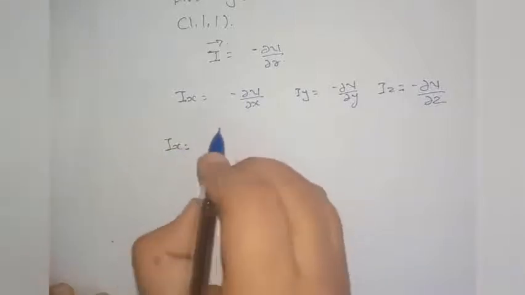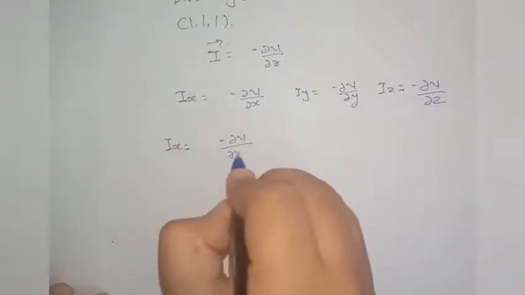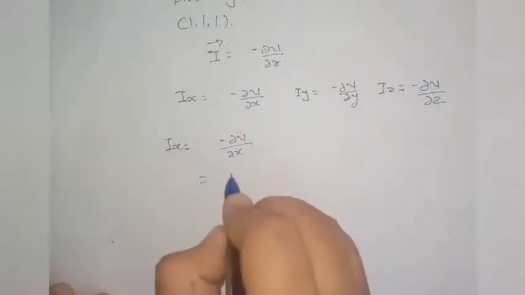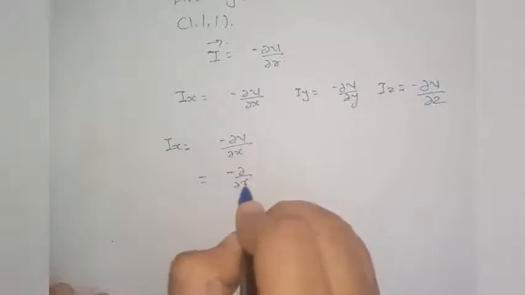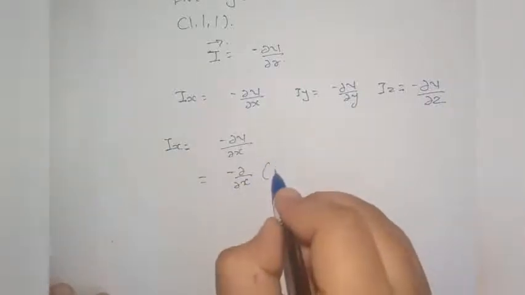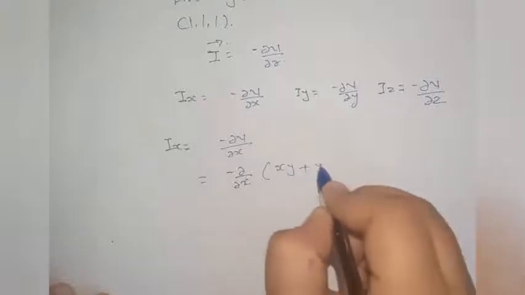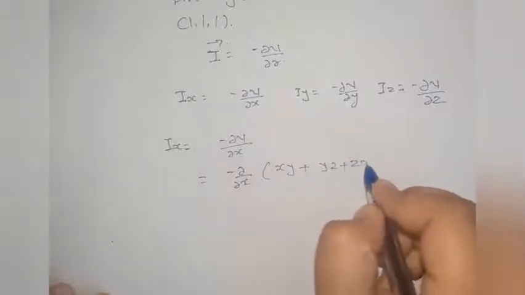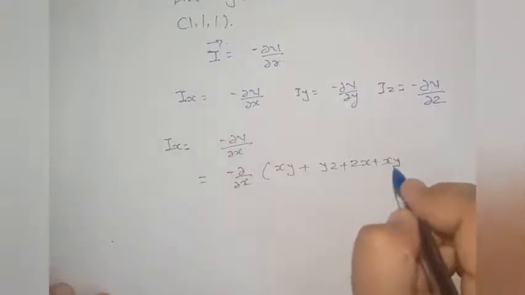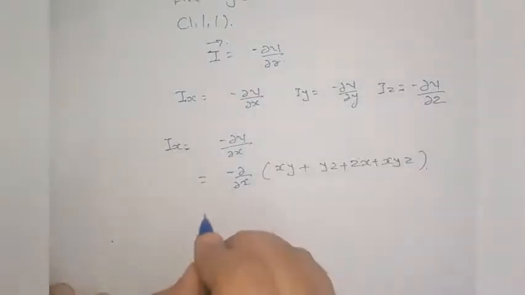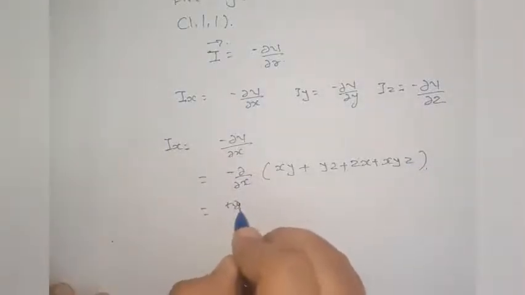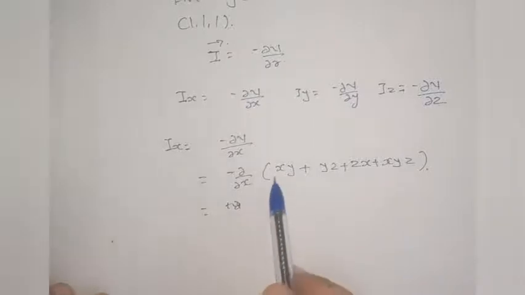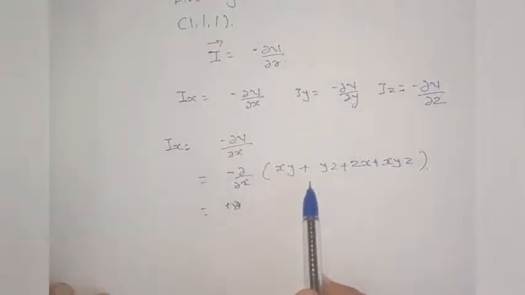Ix will be minus del V by del x, that is equal to minus of del by del x of xy plus yz plus zx plus xyz. To do the partial differentiation, only x will be considered as variable, all the others are considered as constant.